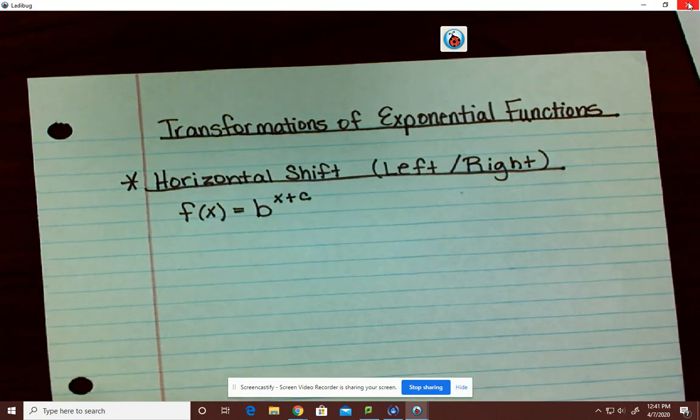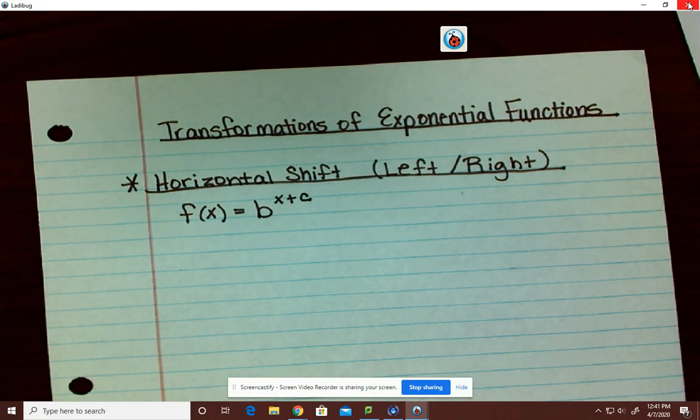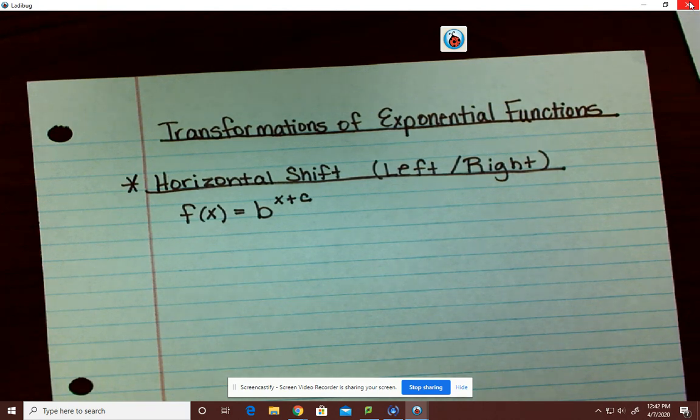Now, if we think back to when we did transformations of our parent functions back in September, October, the horizontal shift was adding and subtracting to x on the inside of parentheses or absolute value or radical. So this is that same idea. This is adding and subtracting inside, really means to the exponent.